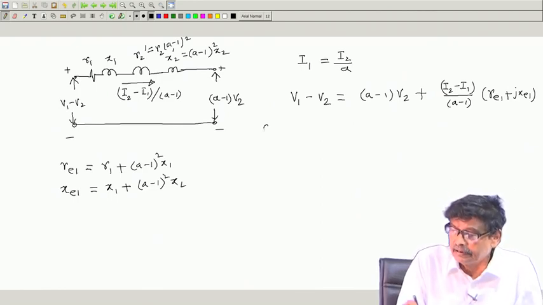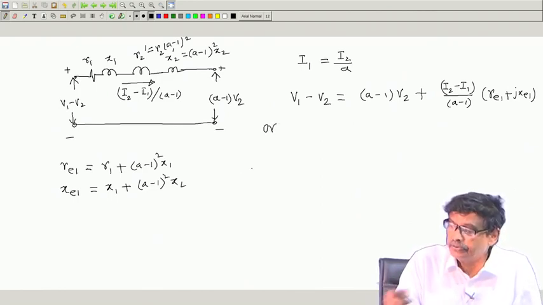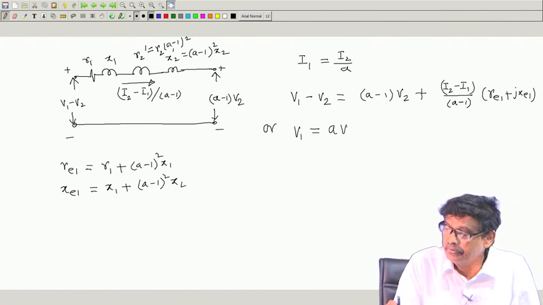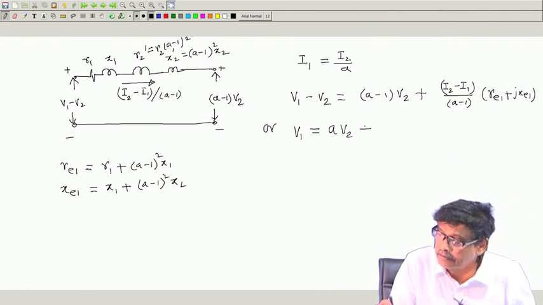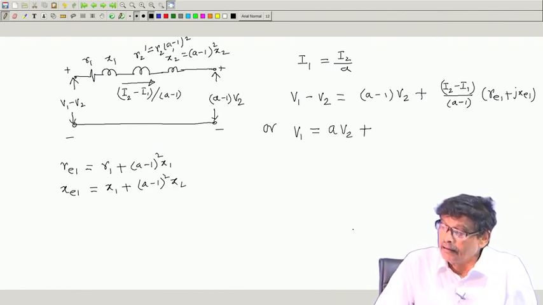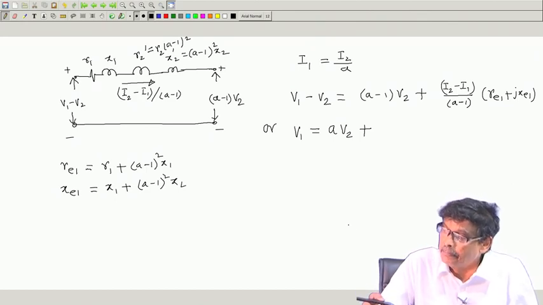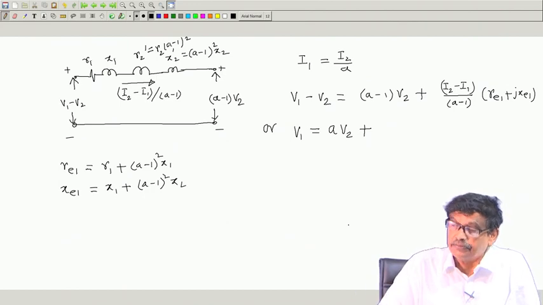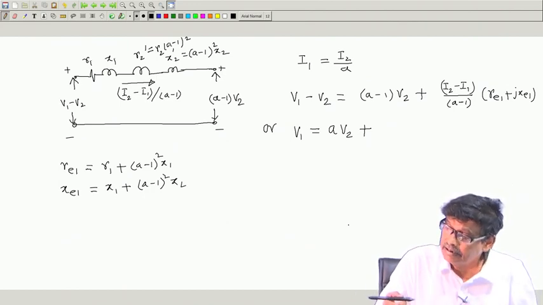And from this, if you move this V 2 to this side, then you will see V 1 is equal to A V 2, very good, plus I want to have I 1 here, in terms of I 1. So, what is I 2?